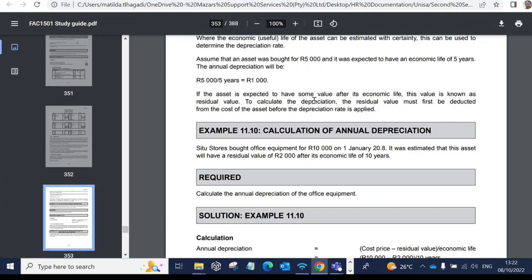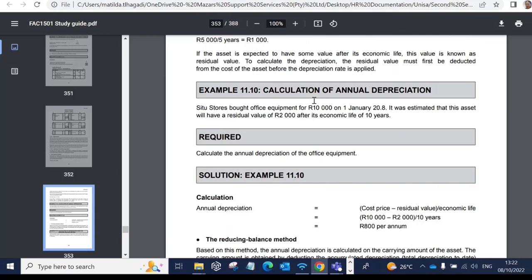So we're going to say 10,000 less the residual value of 2,000, and we get 8,000 times 10%.